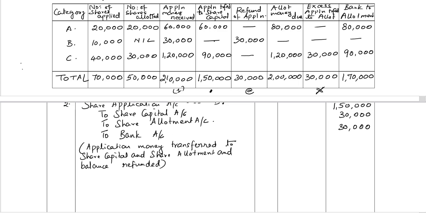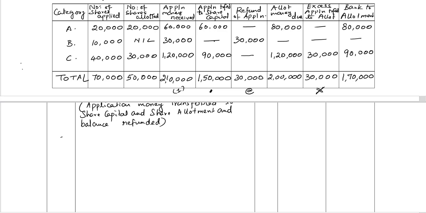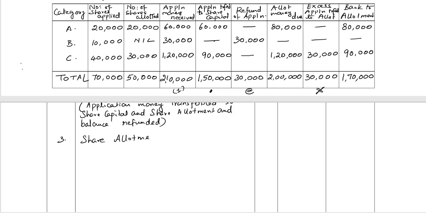Let's go on to the third journal entry. We need to make the allotment money due, share allotment account debit to share capital account.